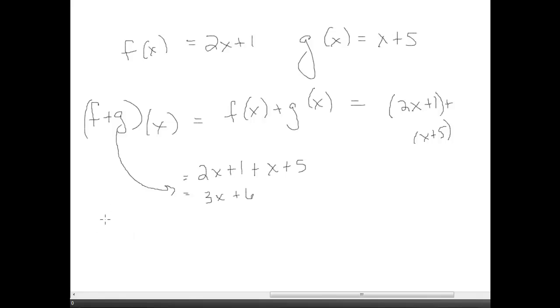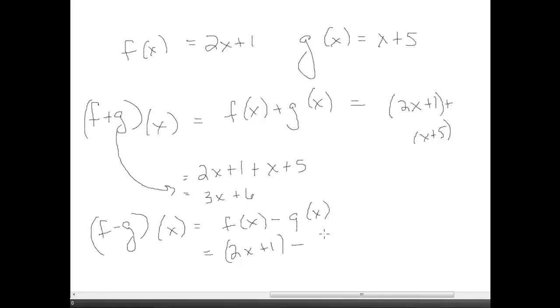Now you want to be careful when you're subtracting, because this would be, again, f of x minus g of x. So f of x is 2x plus 1. And again, I think it's a good idea to keep those parentheses there for this situation right here. Minus x plus 5.